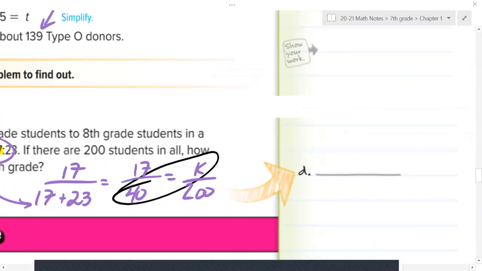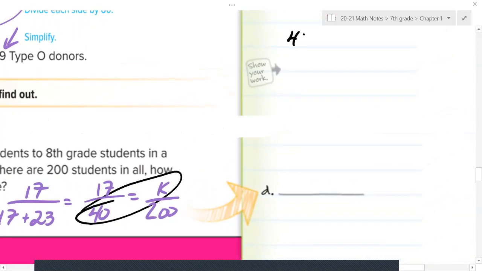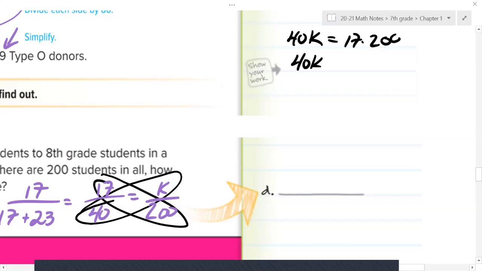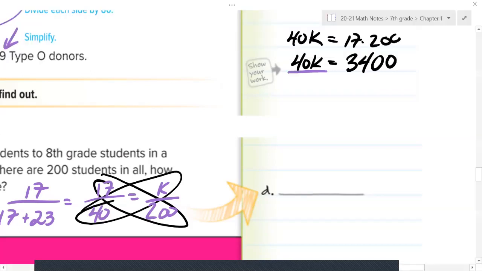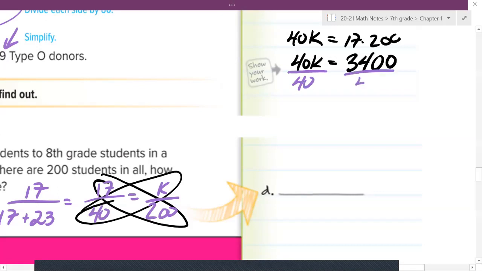So now I have 40K is equal to 17 times 200. 17 times 200 is going to be 3,400. So I need to solve for K on this one. So I need to divide both sides by 40.